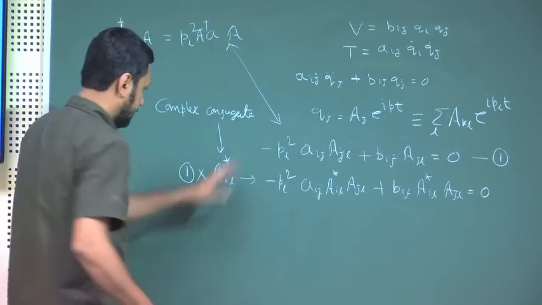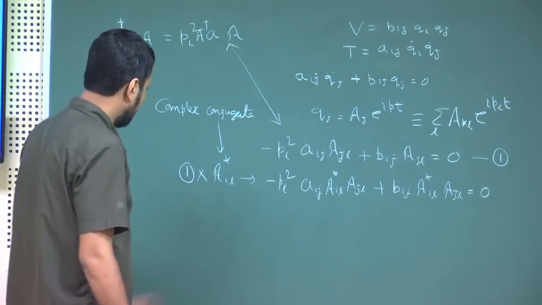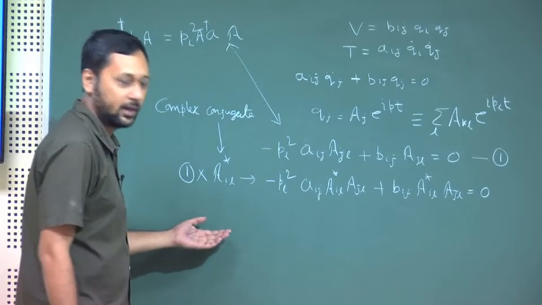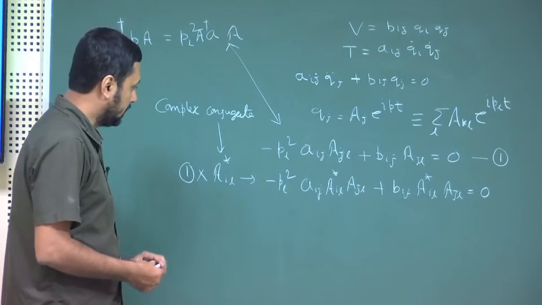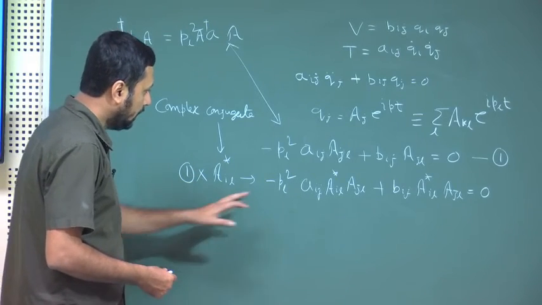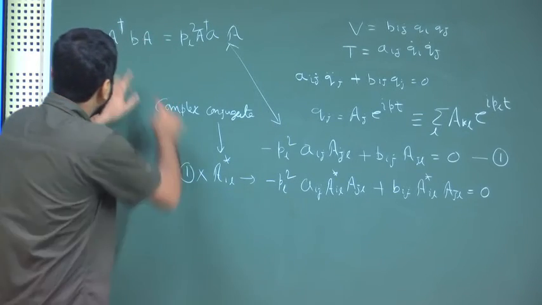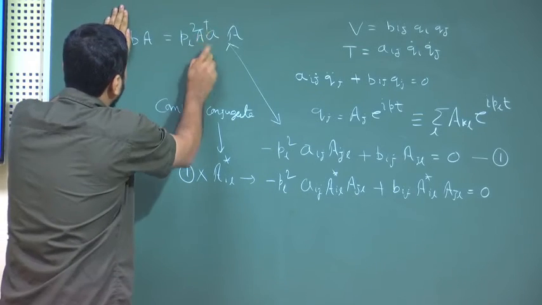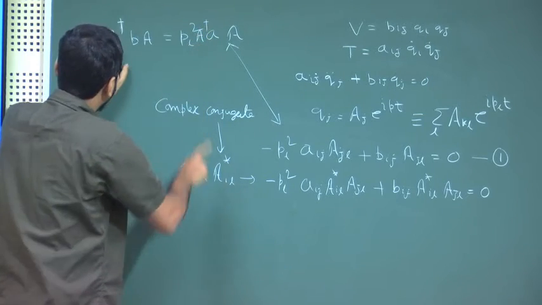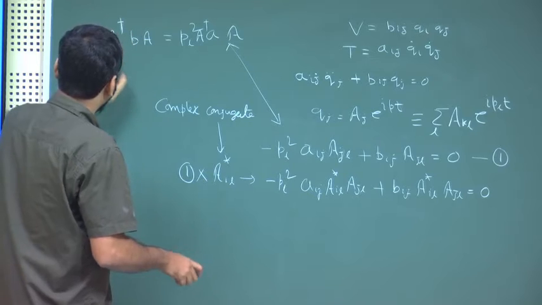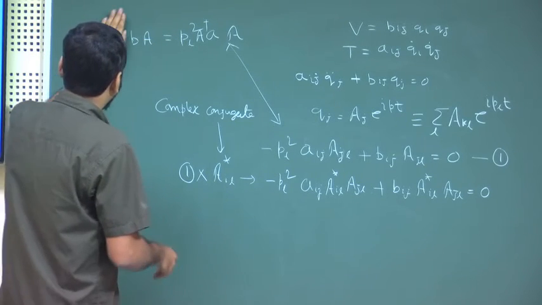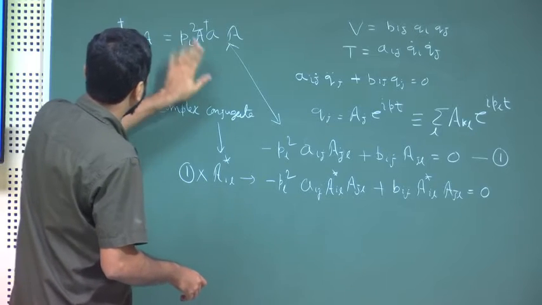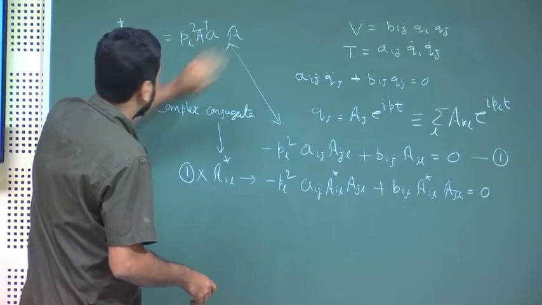I am pretty sure you are familiar with these terms. If not, you can always check your mathematical physics textbook for these operations. Now, please understand this: without this matrix multiplication from the left, this equation is a matrix equation. So, B A is a matrix, P L square A is a matrix.